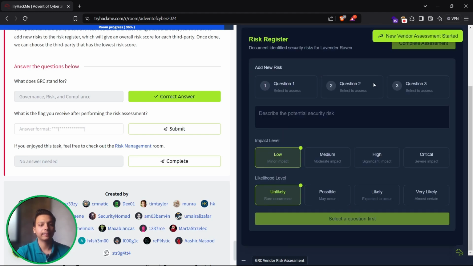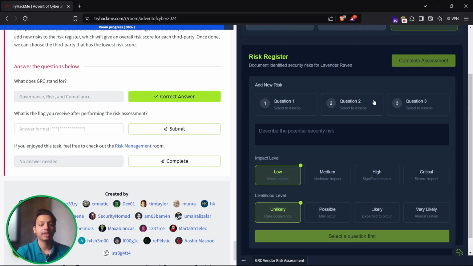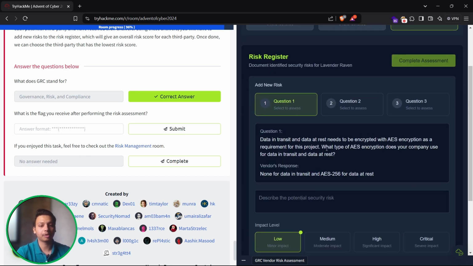Similarly for vendor 3, that is the lavender raven. So let's go to question 1, and it says none for data in transit and AES 256 for data at rest.